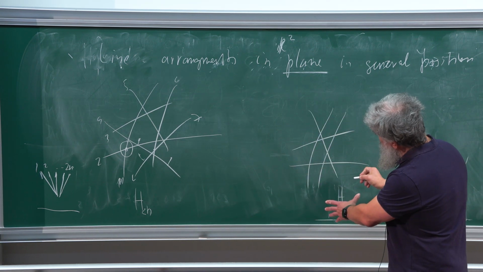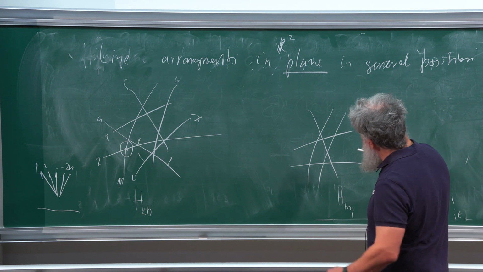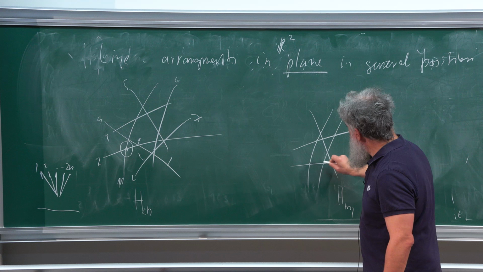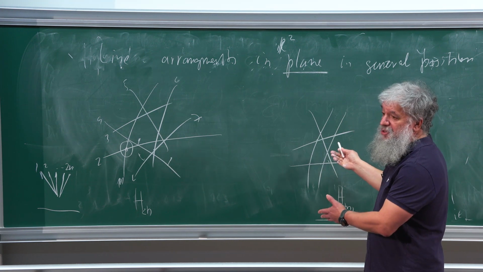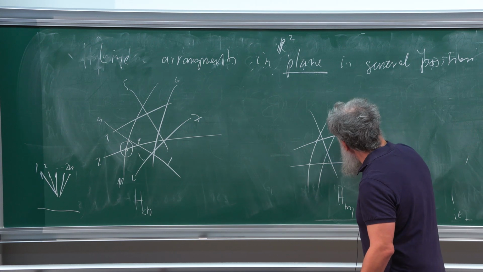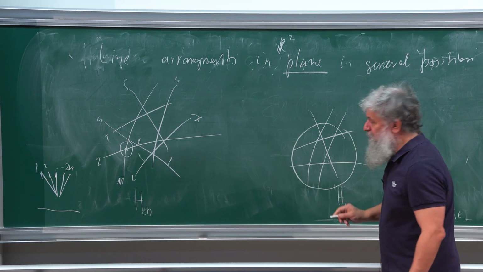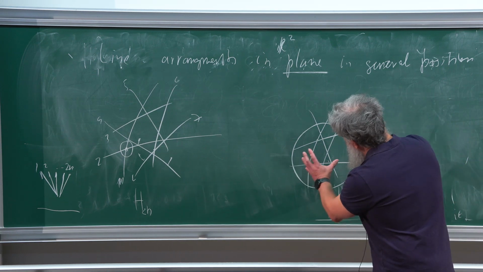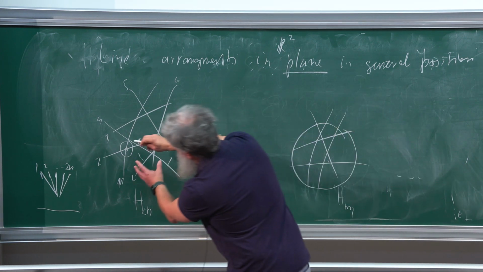Then take the other arrangement and look at its intersection points. They are finitely many and not too far apart, so I take a ball which contains all the intersection points, and insert it here.